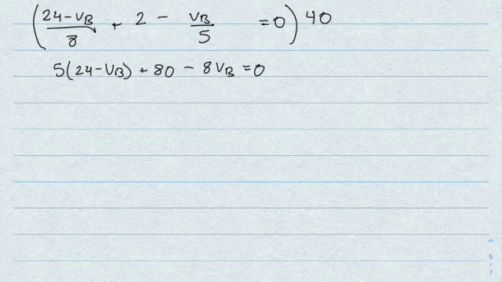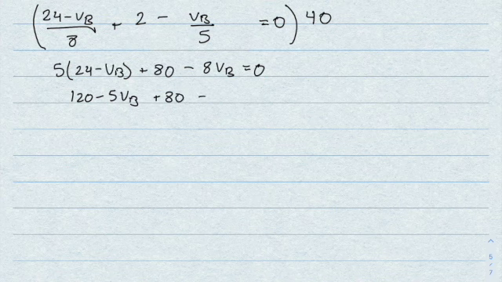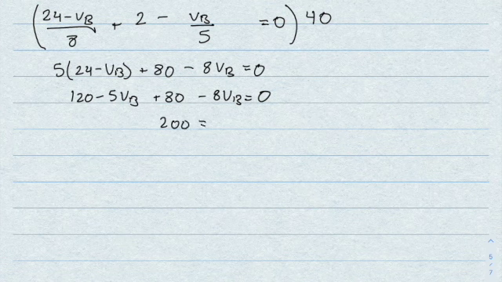So 5 times 24 is 120. So we're going to have 120 plus 80, which is 200, equals 8 VB plus 5 VB. 8 plus 5 is 13, right? Which means VB equals 200 over 13, which is 15.4 volts.